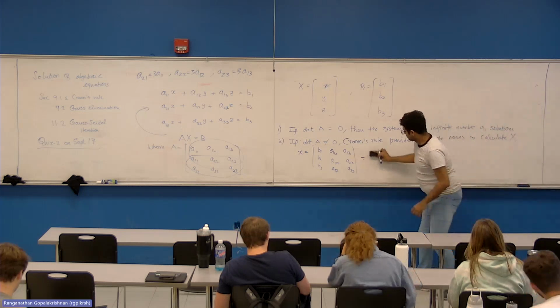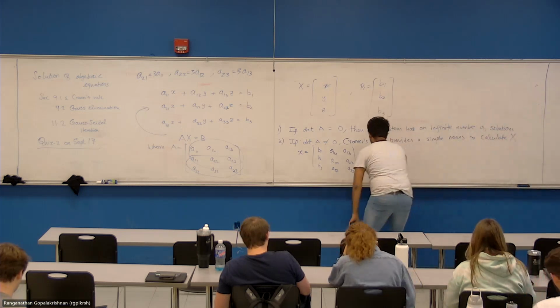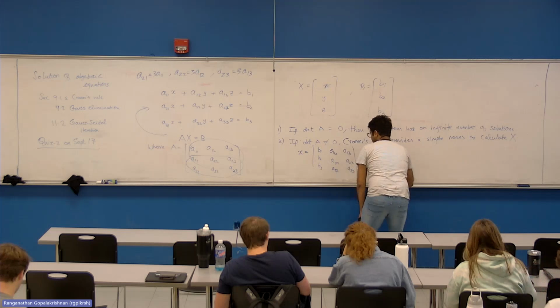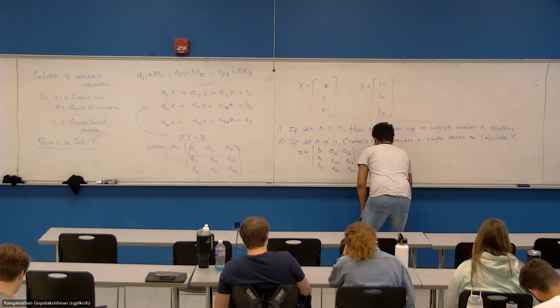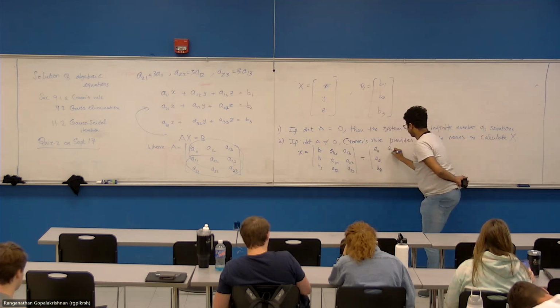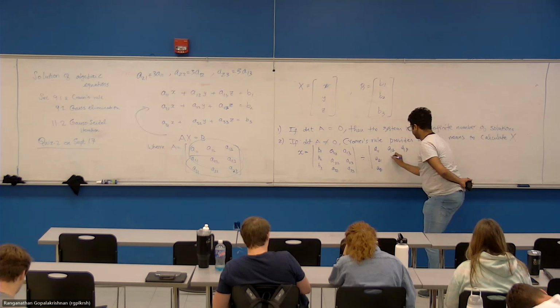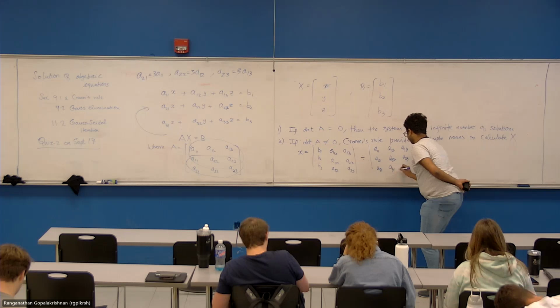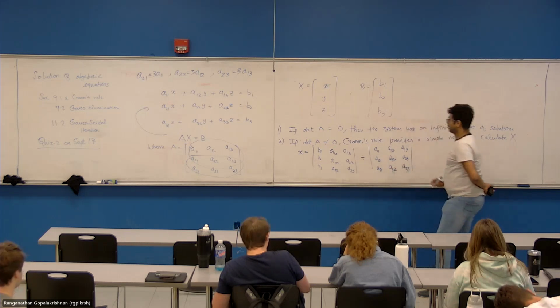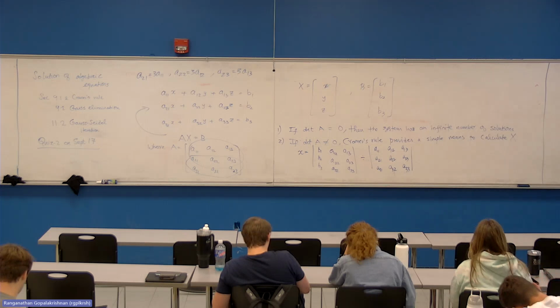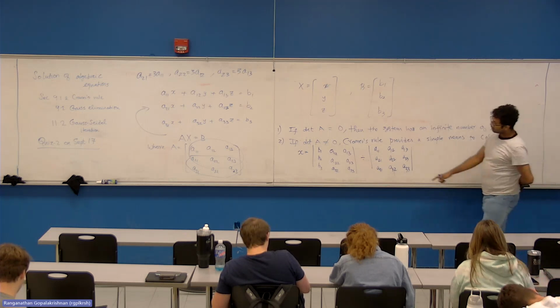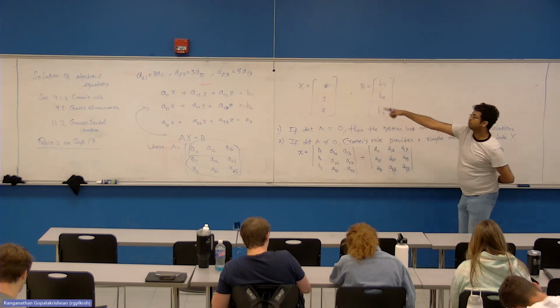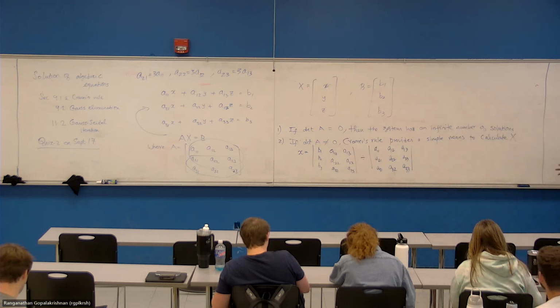Or divided by, I'll write it out. I'll move out of your way shortly, sorry. So this is x obtained by replacing the first column with the right hand side. I'll give you a moment to write this.